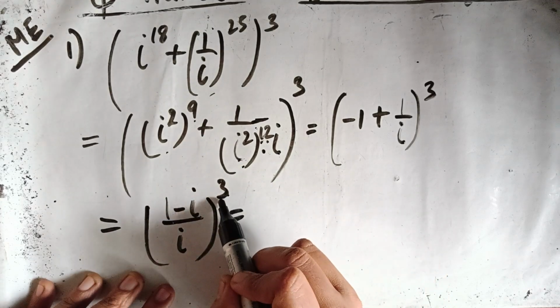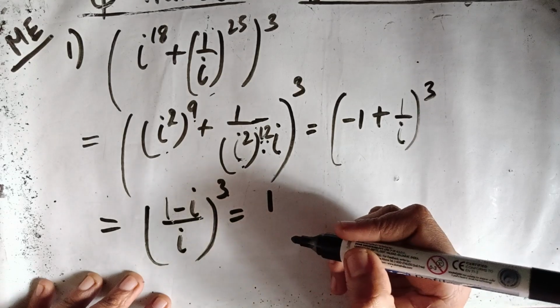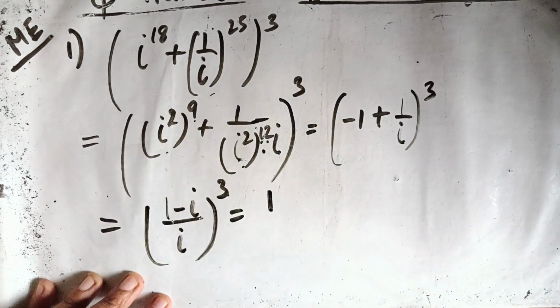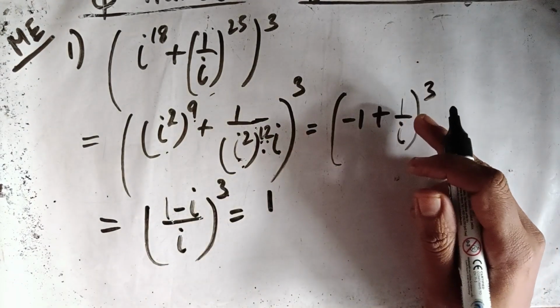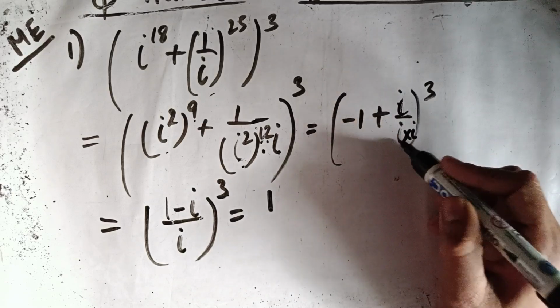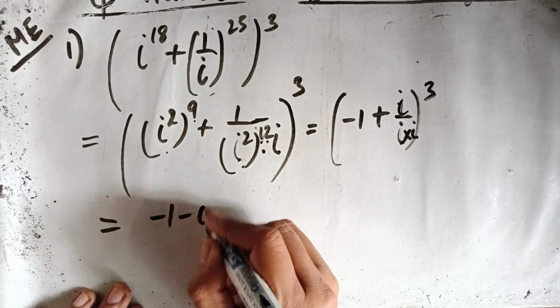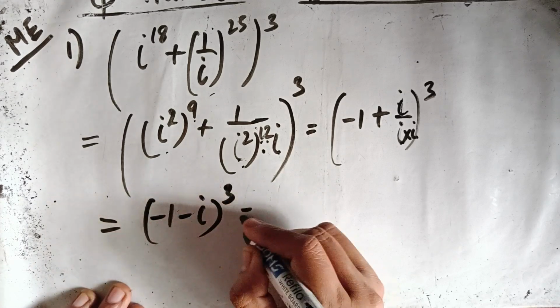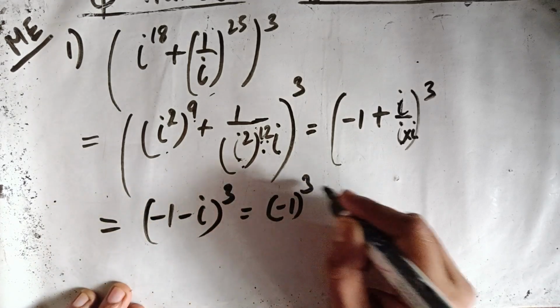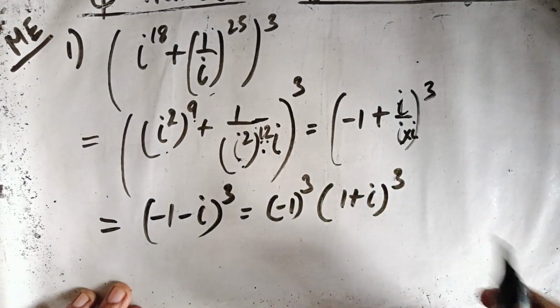So you can write 1 upon I as 1 into I upon I into I. So this is minus I. You can take out minus 1.